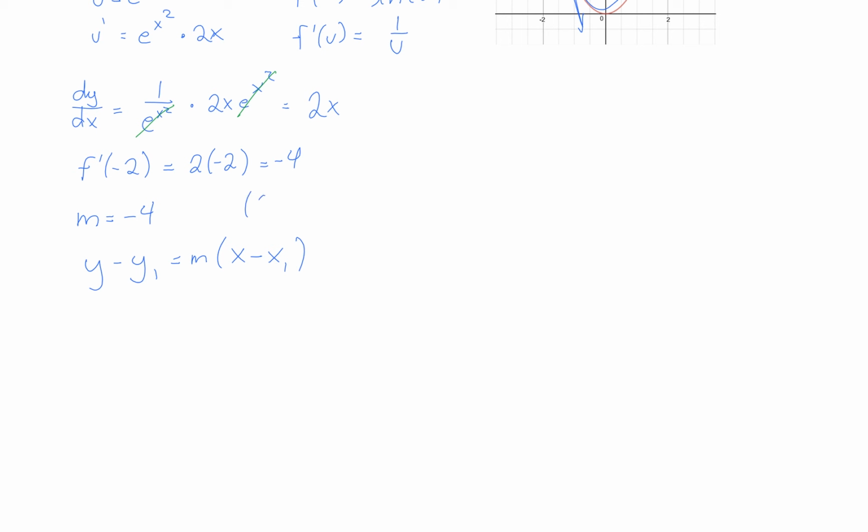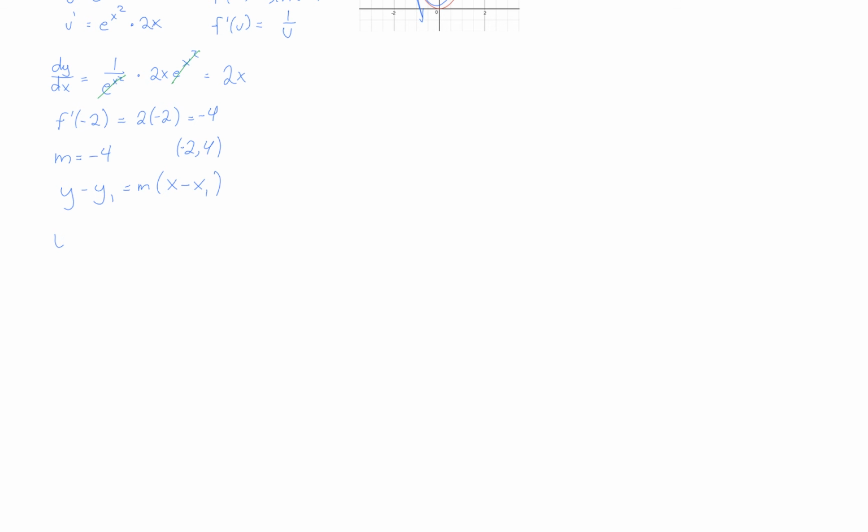So if our point is -2, 4, I can substitute in my values, and we have y minus 4 equals -4, my slope, times x minus -2, so x plus 2. So y minus 4 equals -4x minus 8. And finish out solving for y. y equals -4x minus 4.